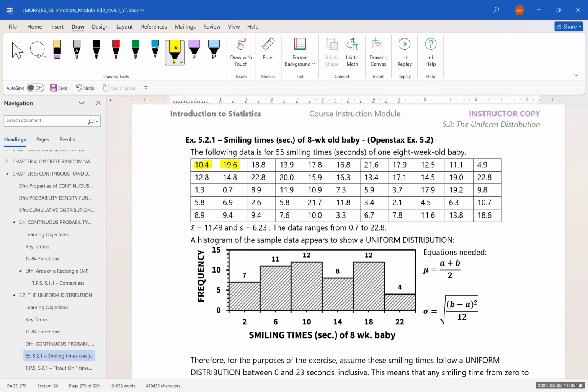Then here it took 19.6 seconds before the baby smiled, 18.8 seconds, 13.9, and so on. Now, if we take all of this data from this one baby and we calculate the sample mean and the sample standard deviation, these are the two values that we get.